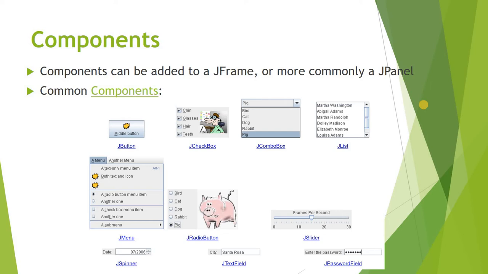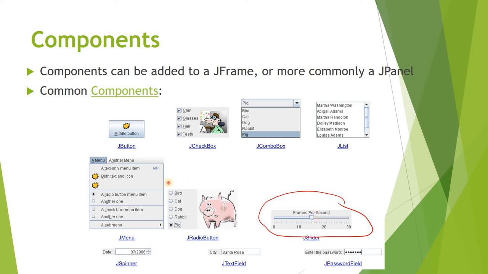Here are some images of the different components that you can create in Java. There are only a few of them listed here, and I'll make this presentation available so that you can come back and take a look. In particular, a JSlider allows you to just slide this little bar between things.